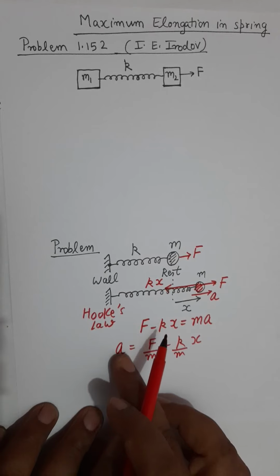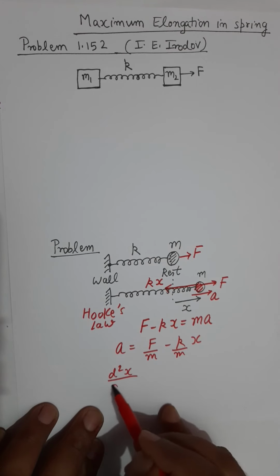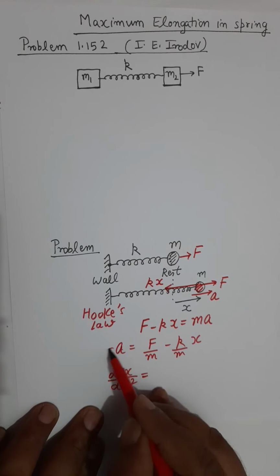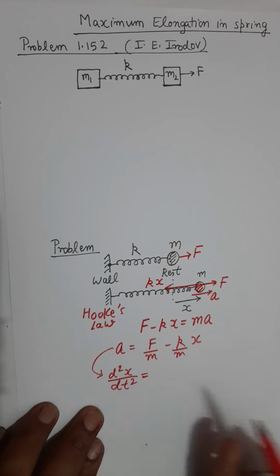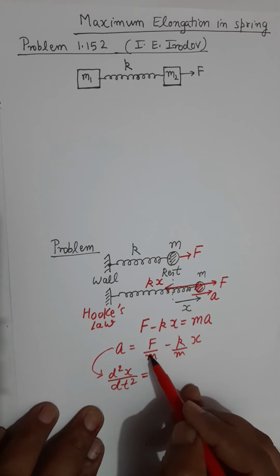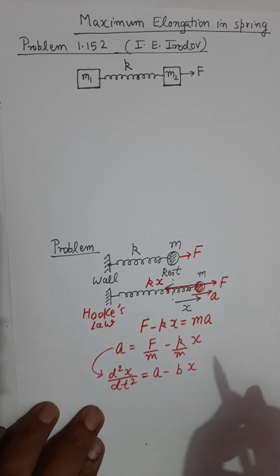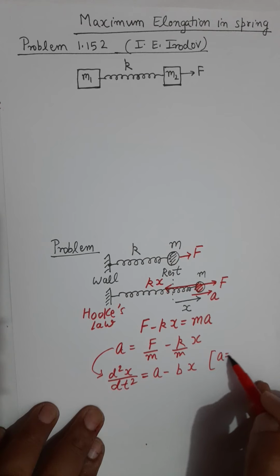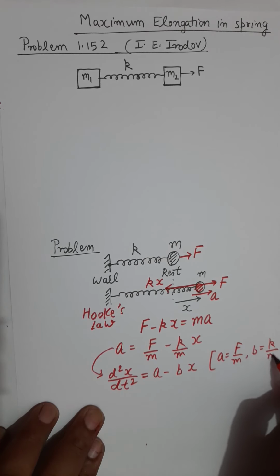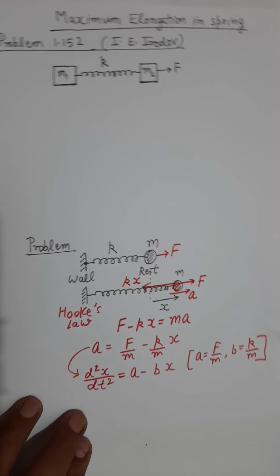Now I will substitute this acceleration as the double derivative of x, as per the definition in kinematics. Let's say F upon m is A and K upon m is B. So I write this in this format.